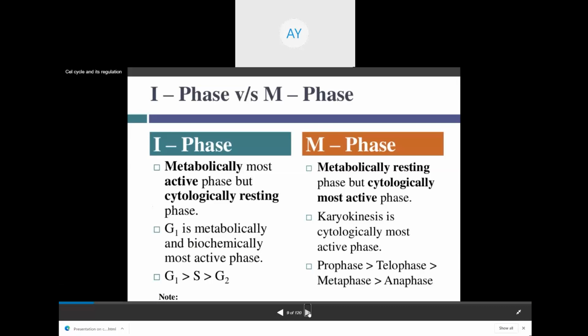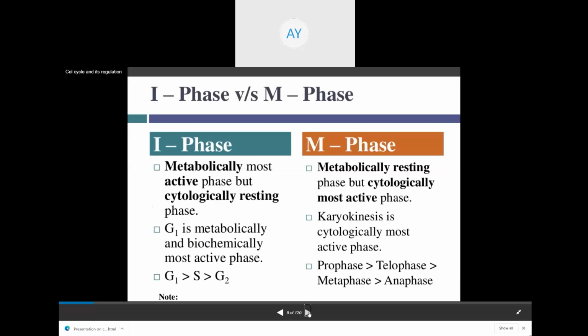In the same way, interphase is the preparatory phase where synthesis of protein, RNA, and DNA occurs. That includes G1 phase, S phase, and G2. In the sense of preparation of material, that is the most active phase of the cell cycle.